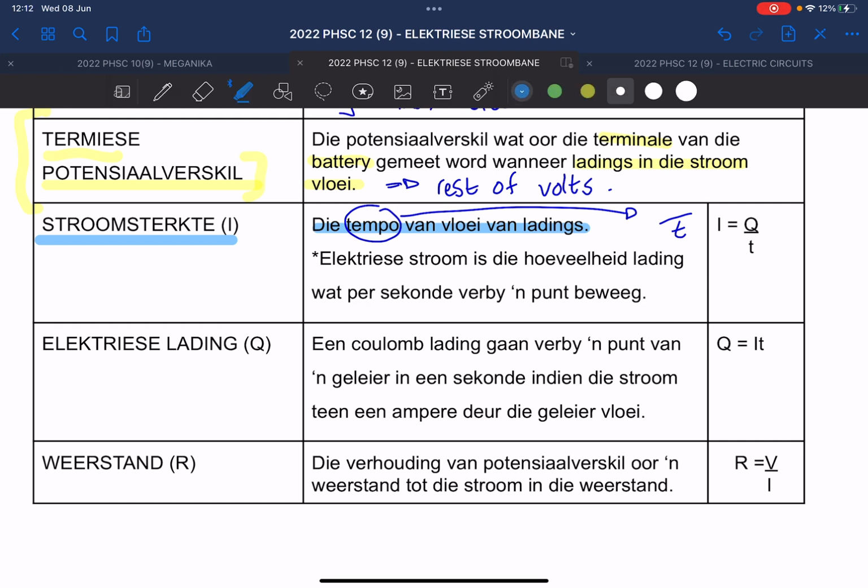Then we have electrical charge. Elektriese lading word gemeet in coulomb. Sorry, hierso wil ek net sê, hierdie word gemeet in ampere, né? This word gemeet in coulomb. These are things I think you know. Stroomsterkte is in ampere, amps. Lading is in coulomb.